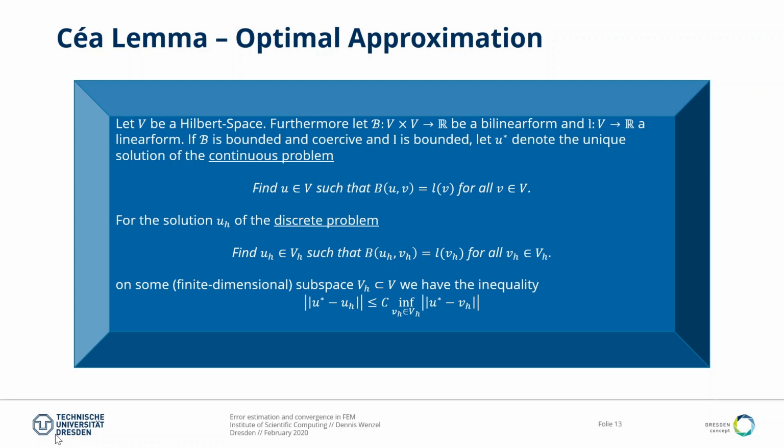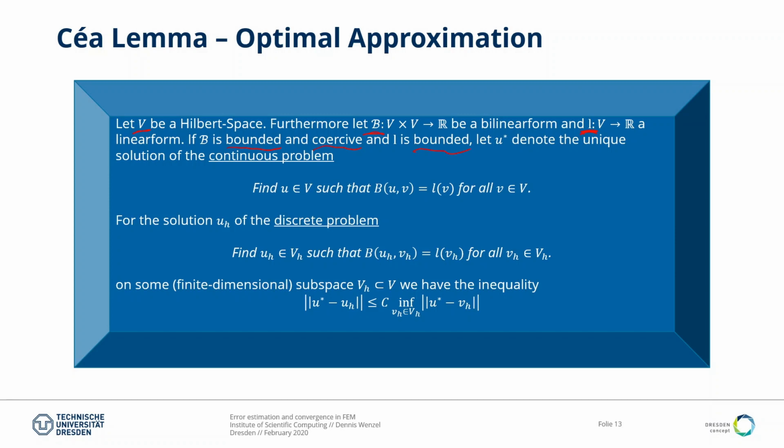Okay, the setting is we are in a Hilbert space, and we have a bilinear form and a linear form. So the setting that you have all seen in the lemma of Lax-Milgram, you have a Hilbert space V, you have this calligraphic B as a bilinear form, and you have an L, which is a linear form. Then you also claim that B is bounded and coercive, and L is bounded.